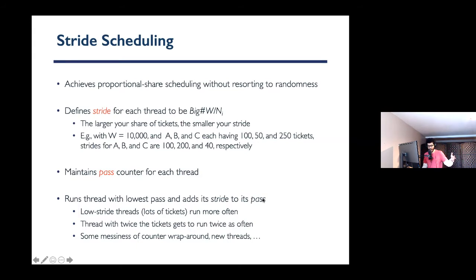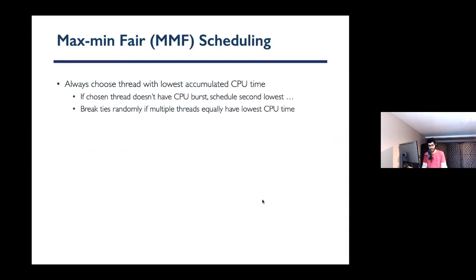By doing that, we want the pass to be increased, so it's kind of like maximizing the minimum pass. Every time we find the minimum pass, we give it the CPU, and by doing that, we add something to that pass, so we increase that minimum. So overall, we're doing some sort of max-min on the pass, right?